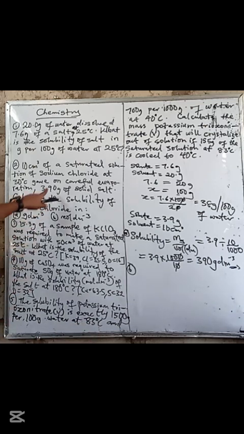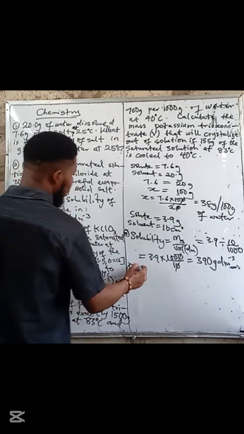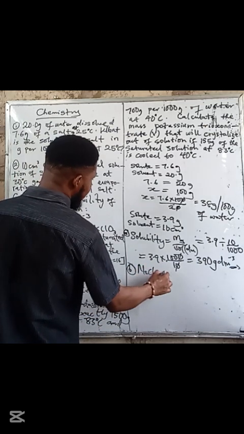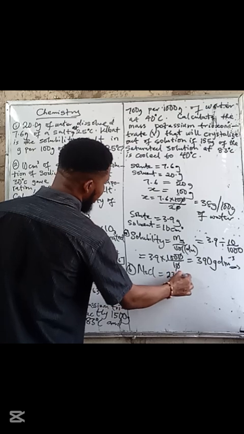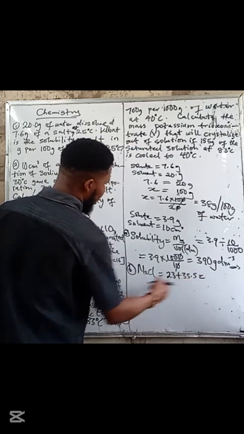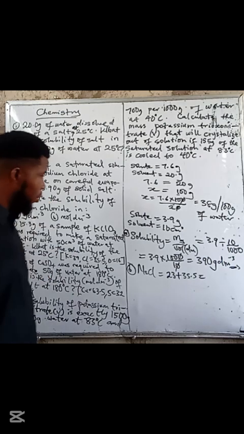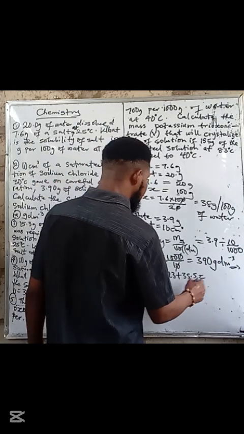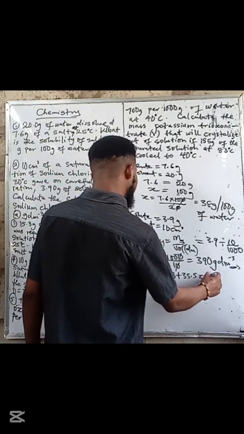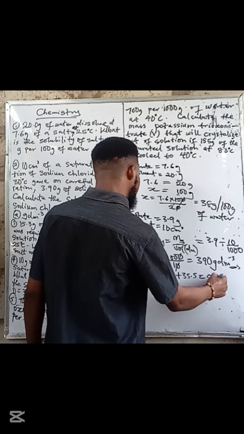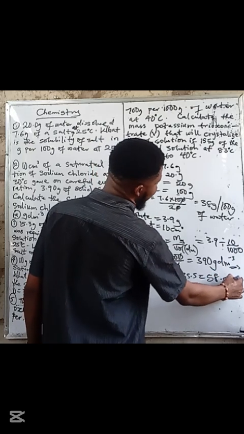So what is the molar mass of sodium chloride? For sodium chloride, you have 23 plus 35.5. Alright, sodium is 23, chlorine is 35.5. So what would that be? That will give you 58.5 grams per mole.